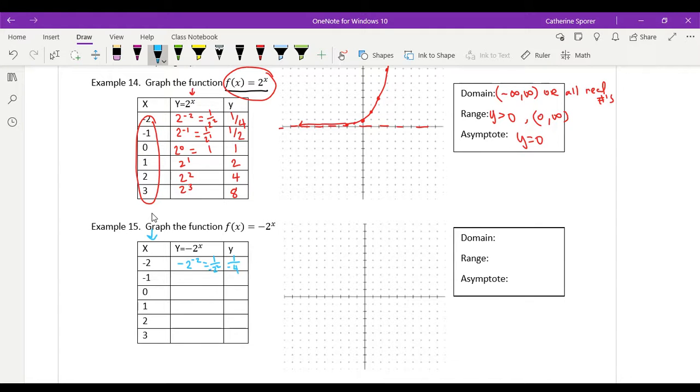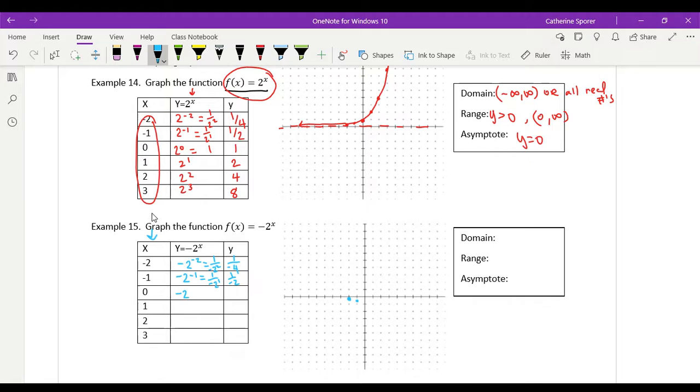So that's 1 over -4 or -1/4. So -2, -1/4. Plugging in -1, that would be -2 to the -1 power. So we flip the number, 1 over -2 to the +1, but we keep the number negative because of the negative sign out front. So that's 1 over -2, so -1/2.